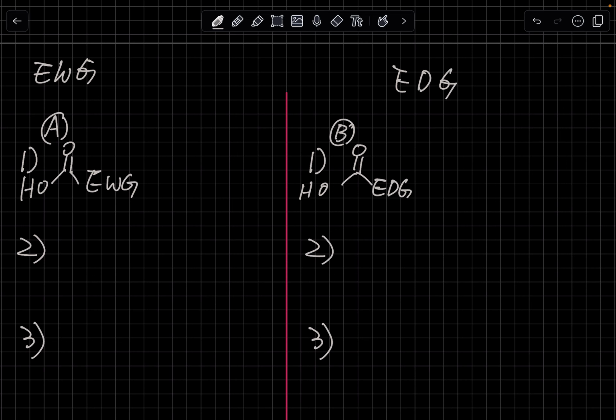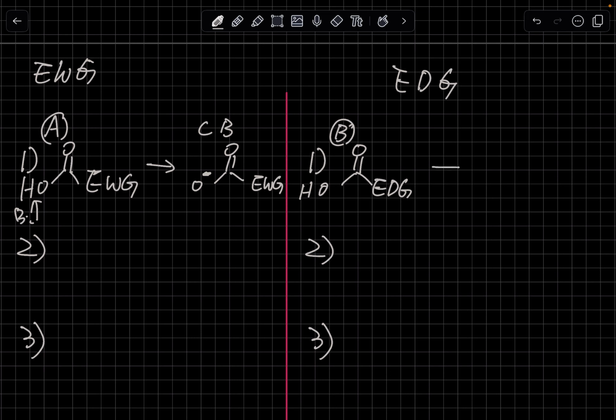So which one? We know from organic chemistry courses that to tell the acidity of a compound, we want to see the stability of its conjugate base. So let me turn this into the conjugate base, CB. The conjugate base is this, after the base grabs the proton, so you become O negative, and then this is the electron withdrawing group.